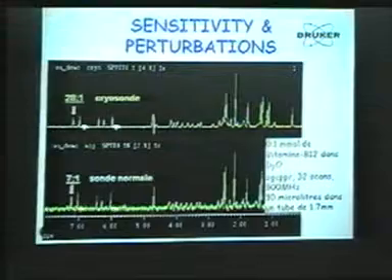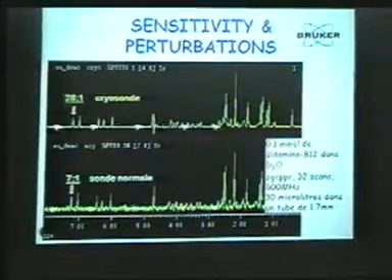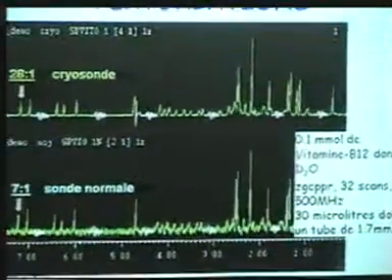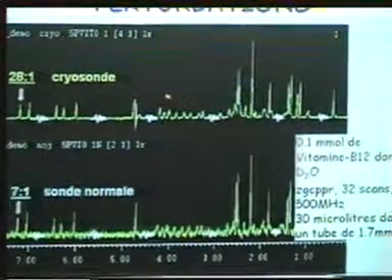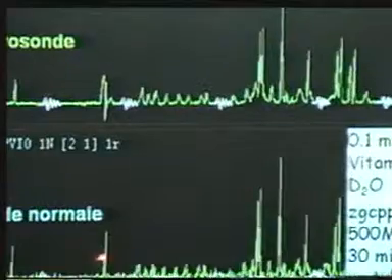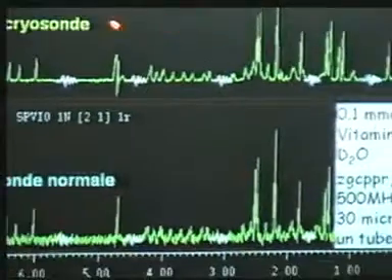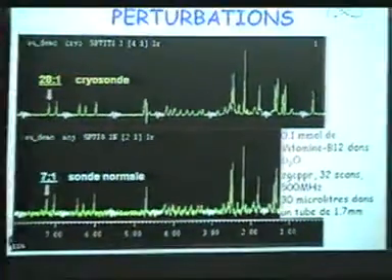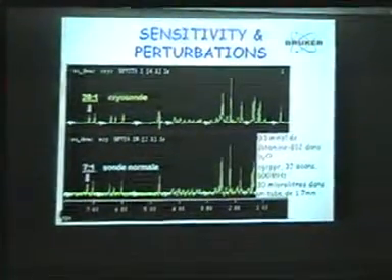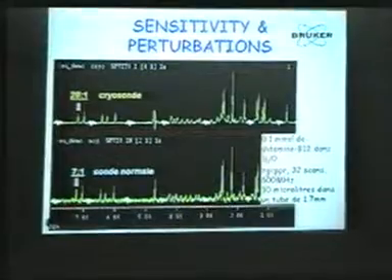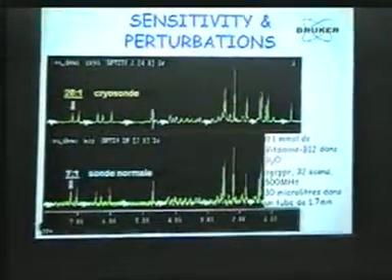You see that if you have noise coming in, it is probably obvious for everyone that you will see the noise much better here than here. And so when we came up with this technology, with the cryoprobes, we suddenly realized things on our electronics which was creating artifacts that we never saw before.